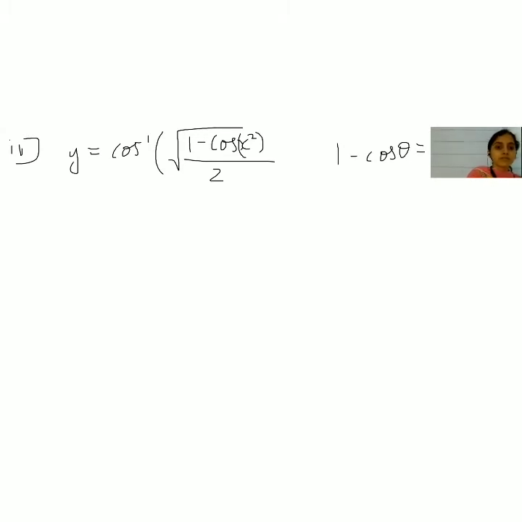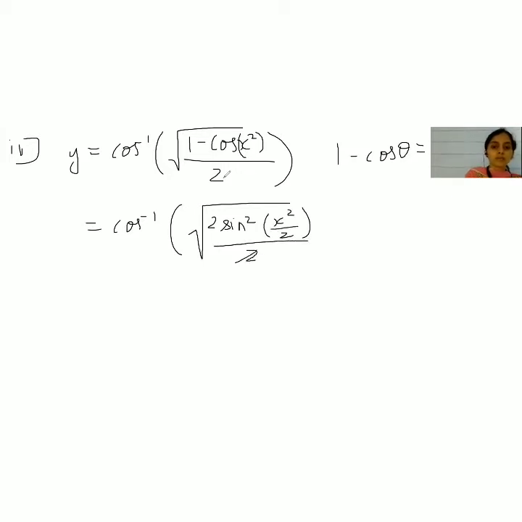So we are going to get cos inverse of root of 1 minus cos theta, which is 2 sine square theta by 2, so x square by 2 divided by 2. The 2 cancels out. From the root sign, we'll get cos inverse of sine of x square by 2. That is our angle.